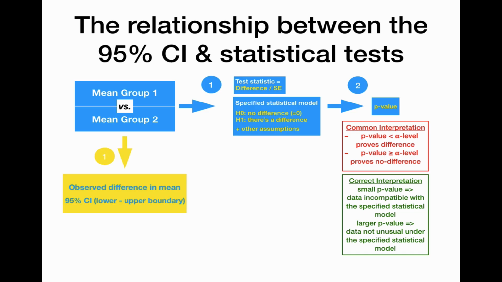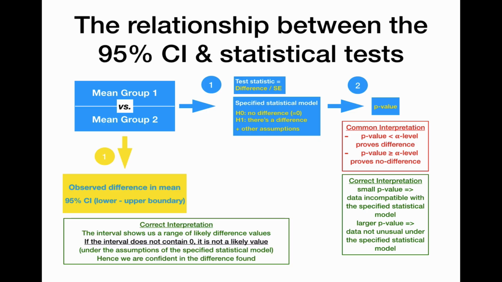Now we can also look at the 95% confidence interval. And we do that by calculating the observed difference in mean between the groups, and then presenting the 95% confidence interval with its lower and upper boundary. And that 95% confidence interval shows us a range of likely values for the group mean difference.